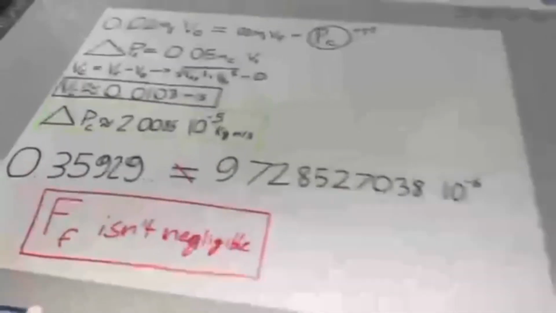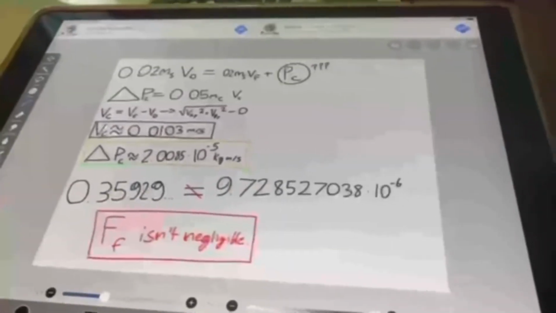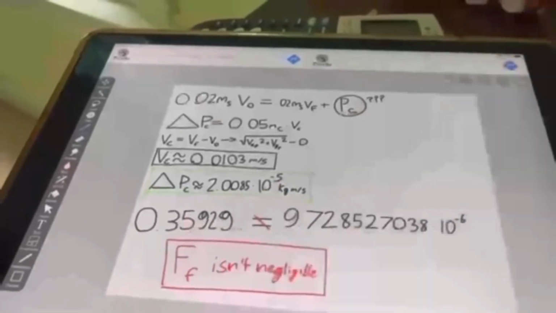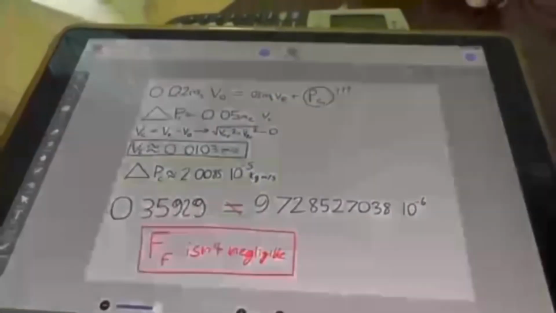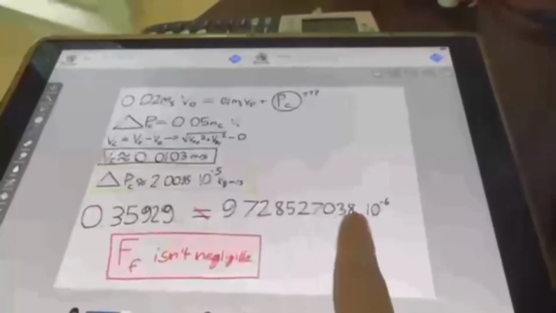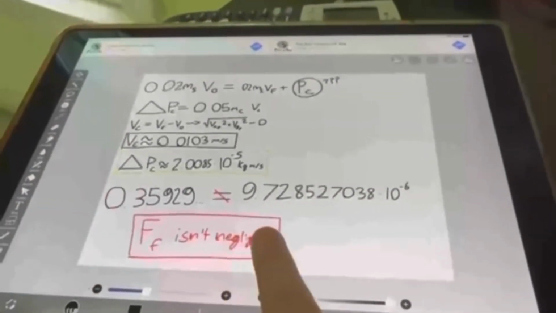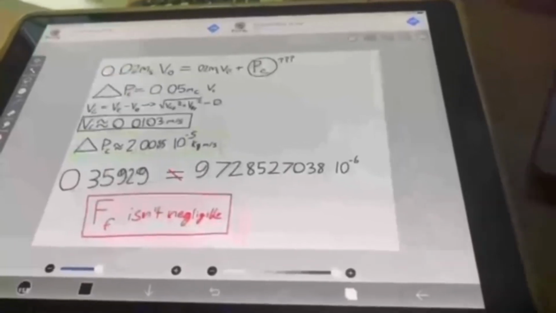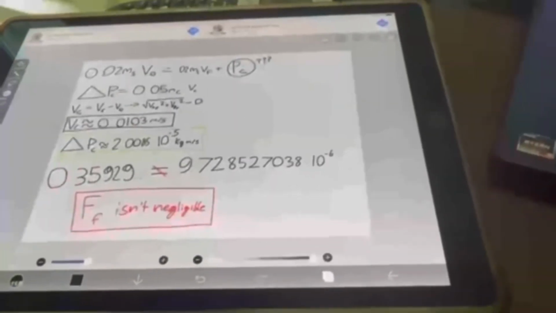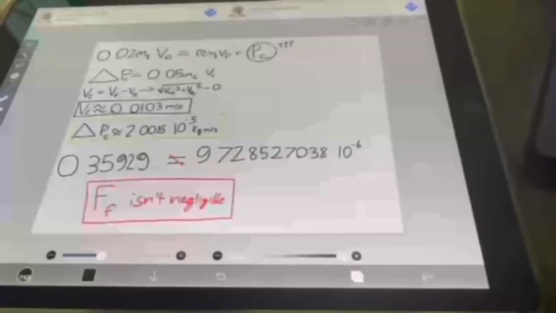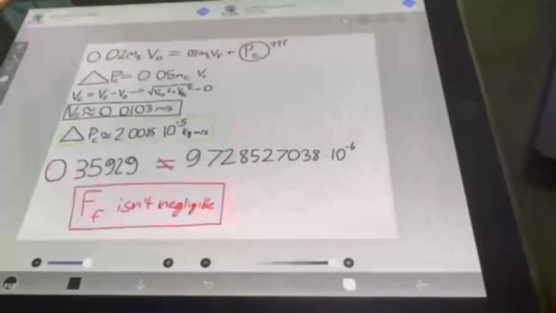Plugging those values in, I was able to discern that this side, the initial momentum, is much greater than the final momentum, and therein that means that the force of friction isn't negligible, because the momentum has been reduced, and that means something outside of the system, likely friction, impacted the momentum.